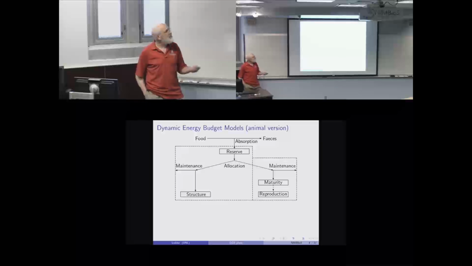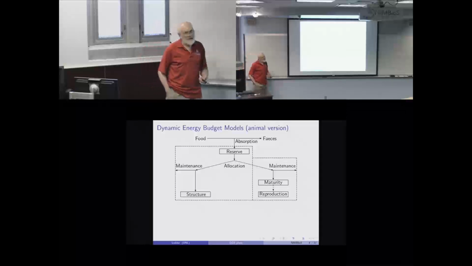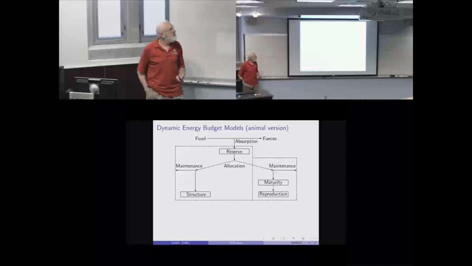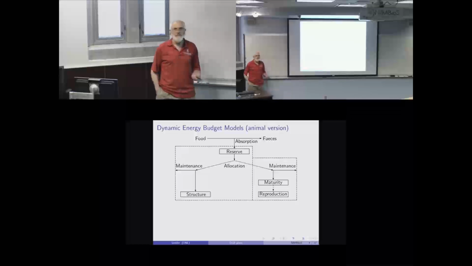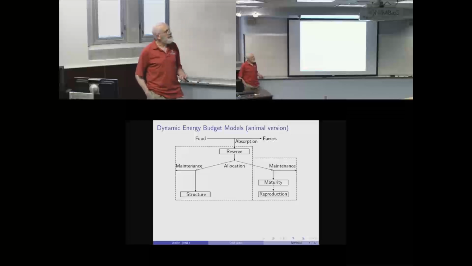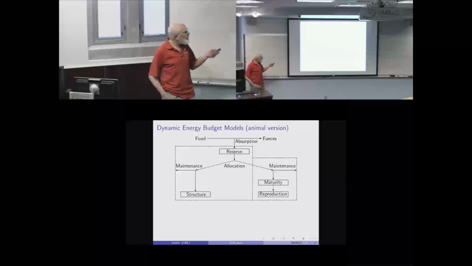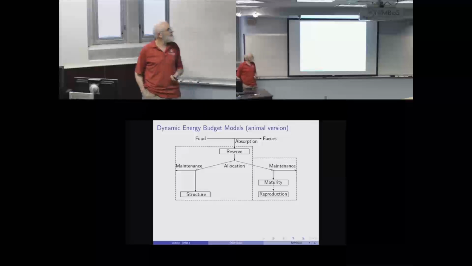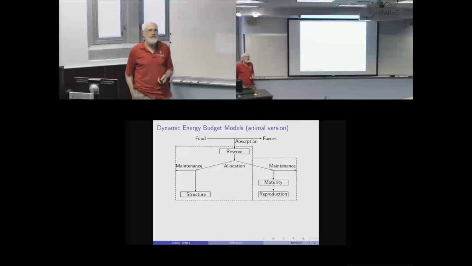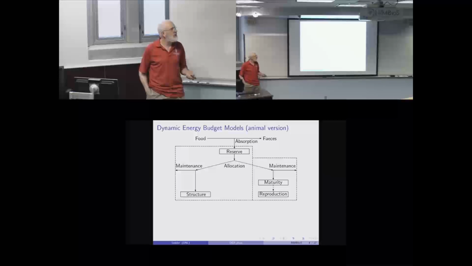They get absorbed and there's some loss in feces. What gets absorbed goes into a reserve. From the reserve, it gets mobilized and then allocated in one of two streams. The left side is the somatic stream with growth-related tissues. There's some loss for maintenance, and then the resources get used to build more structure.